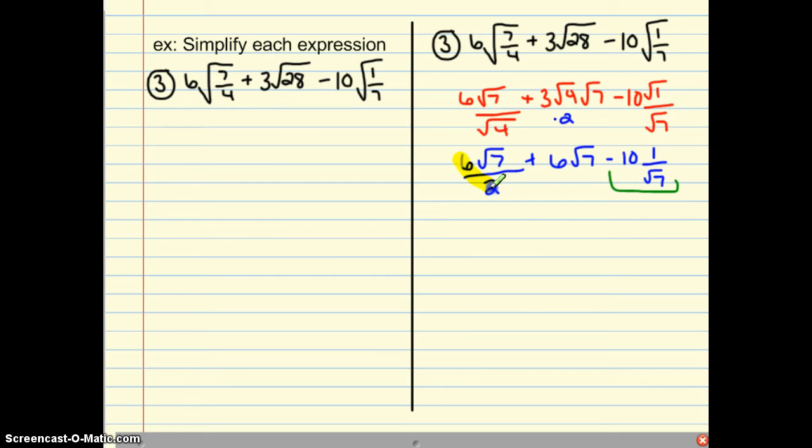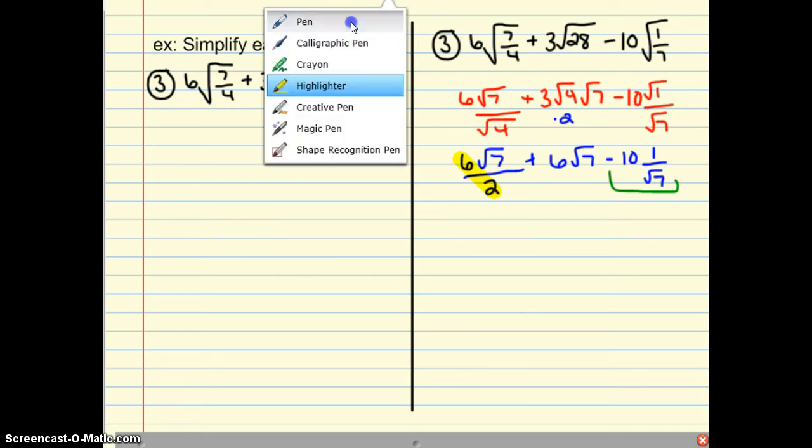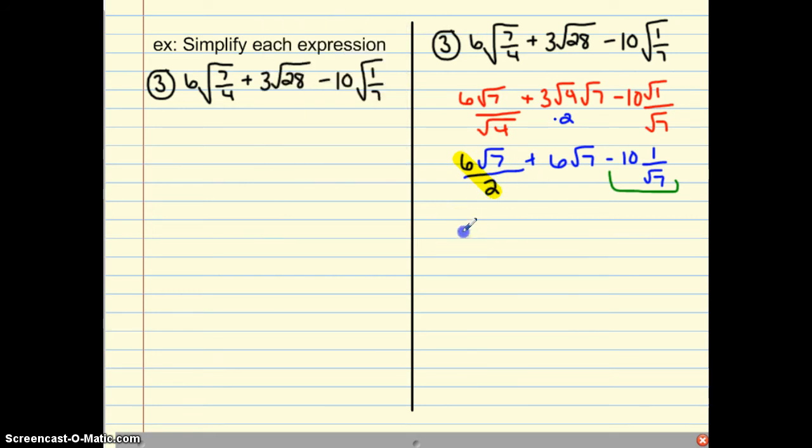So my 6 over 2, that's going to simplify to 3 root 7. Oh, plus our 6 root 7. And, you know, we'll just leave that for now. Okay, we're going to look at this business here.